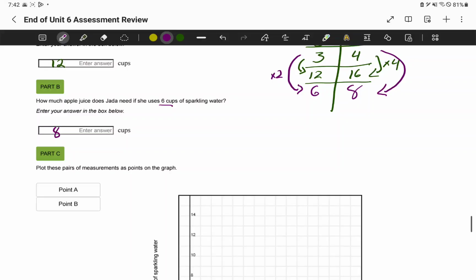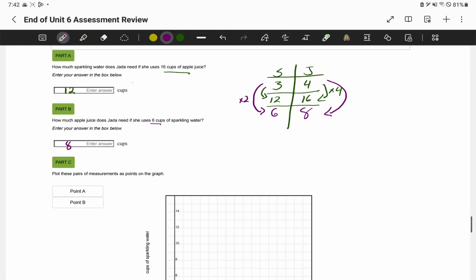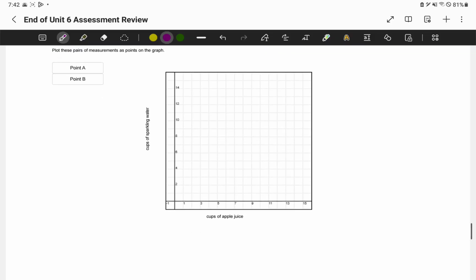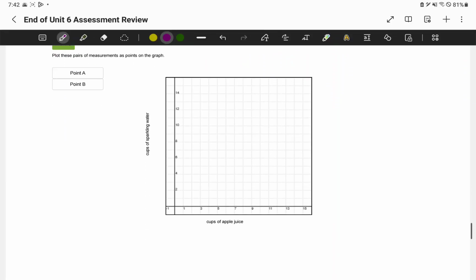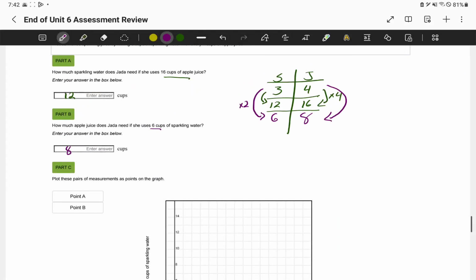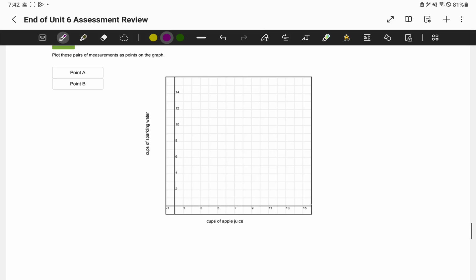And now it says, plot these pairs of points on the graph. So I'm going to plot. It's got apple juice on the bottom and sparkling water on the side. So juice on the bottom, water on the side. So 16, 12. So I go over to 16 and up to 12.